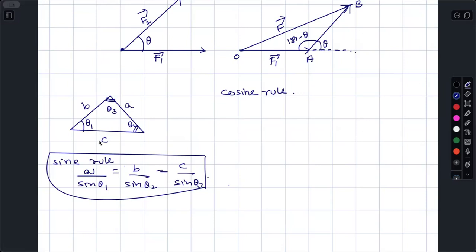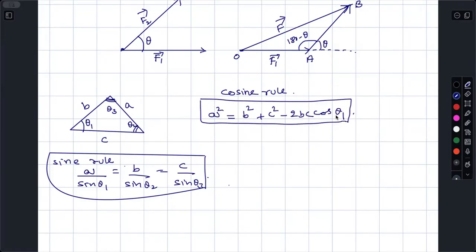Opposite to A, you have theta 1, right? In this case, you will write A square as B square plus C square minus 2BC cos theta 1, the angle opposite to A. This is cosine rule.